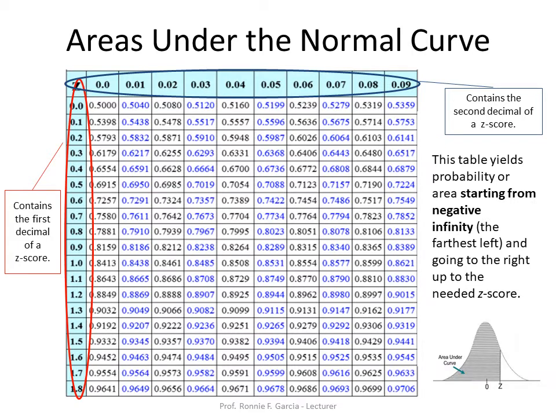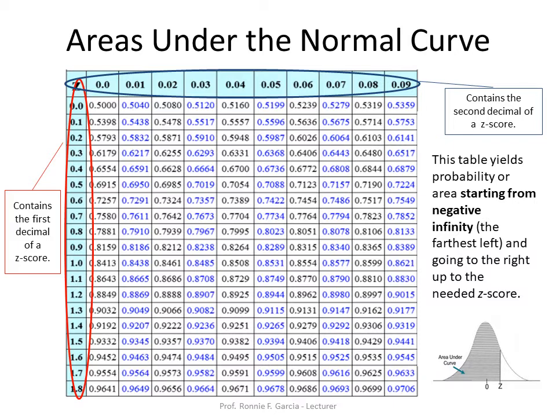If you look at the numbers, these are actually percentages which are converted into decimals, and they are the areas covered from the left of the curve going to that particular z-score. So for example, you are dealing with a z-score of 1.89. I am talking about the very last cell in this example.